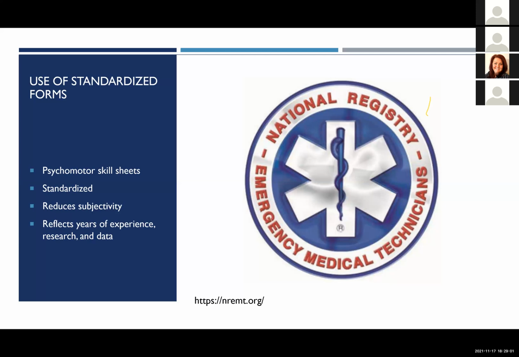I will say, however, that these skill sheets were designed to be a summative evaluation, that end of course evaluation, and they don't have skill sheets for every skill that should be taught throughout initial MFR or EMT programs, right?